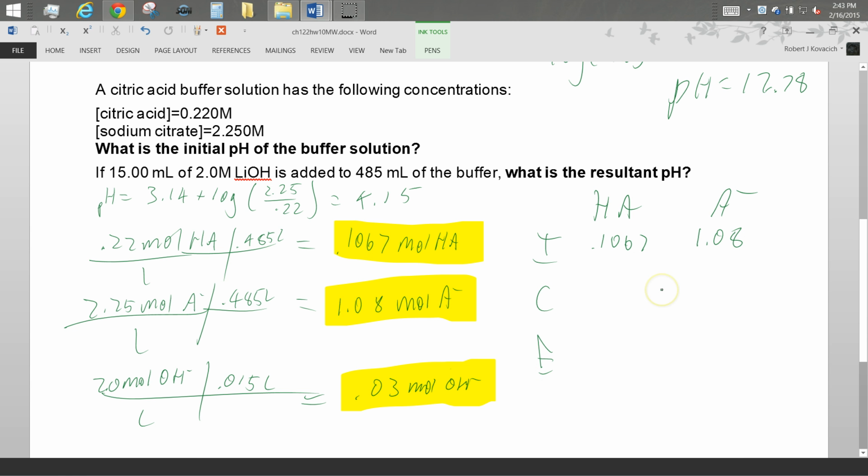The change, so this hydroxide is going to react with what? The weak acid or the salt? So I'm putting in OH. Which of these two things is the OH going to react with?